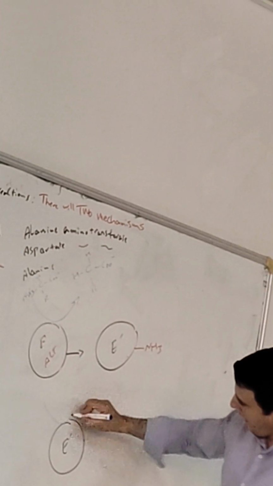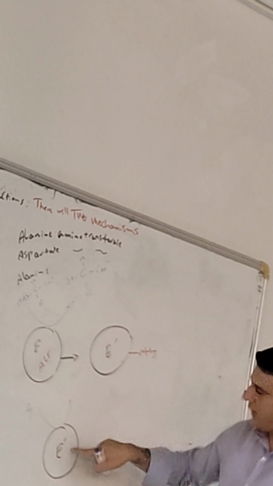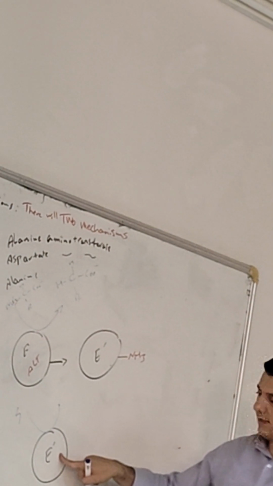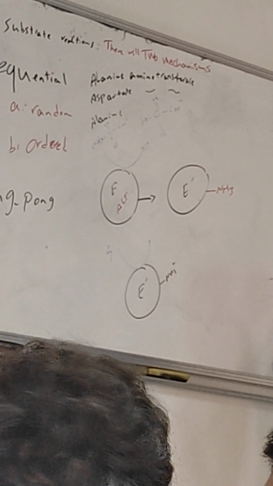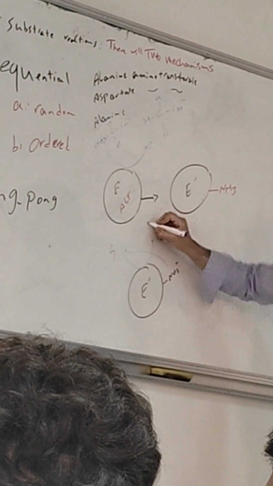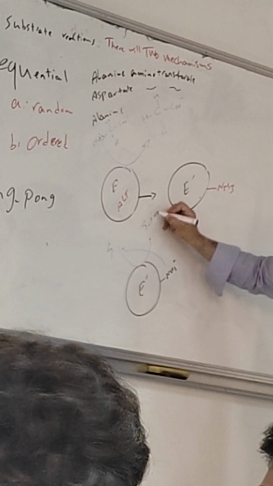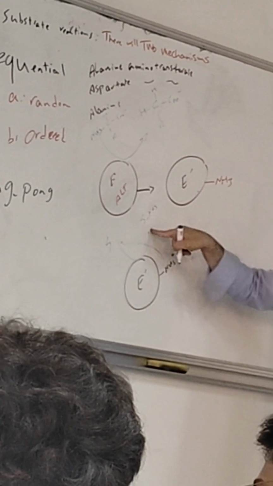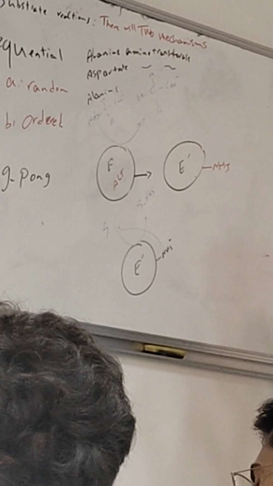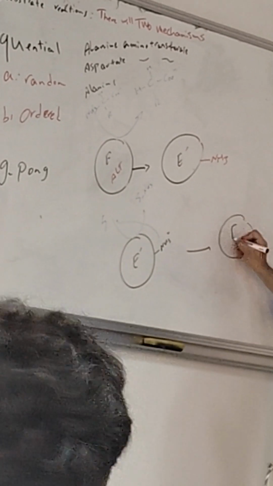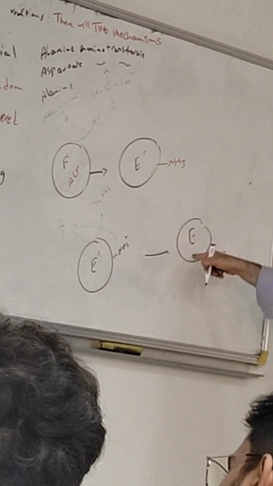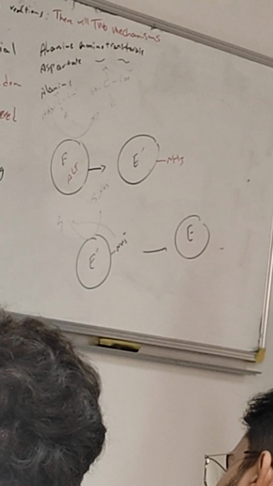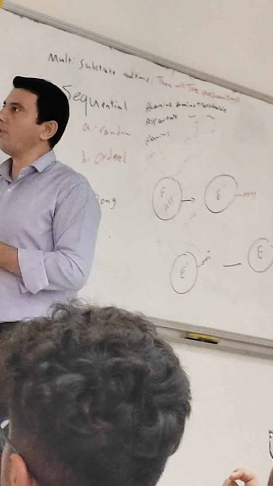At this step, another substrate enters the enzyme active site and the enzyme transfers NH3 to this substrate. So now we have another substrate with NH3 and an enzyme without NH3, the original form of the enzyme. This is the ping-pong mechanism for this enzyme.